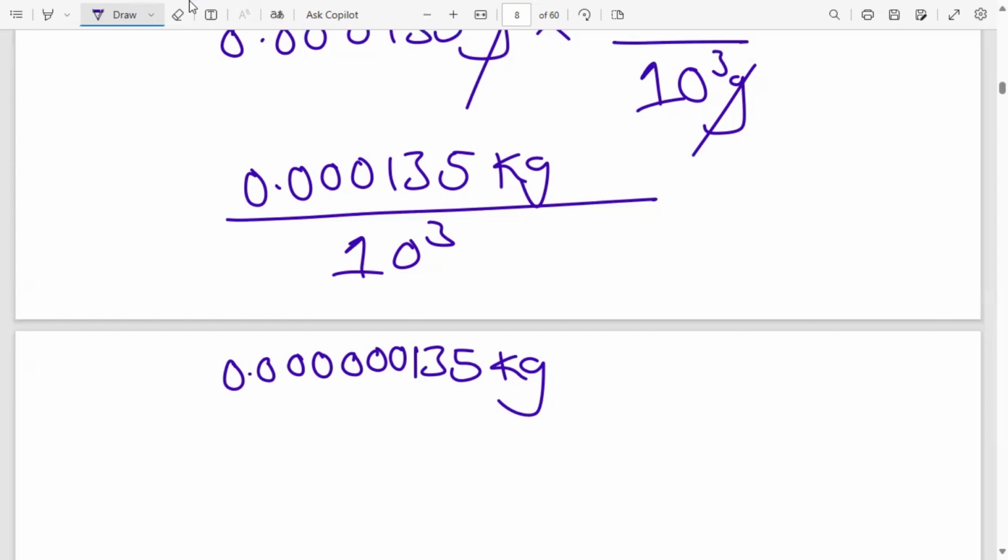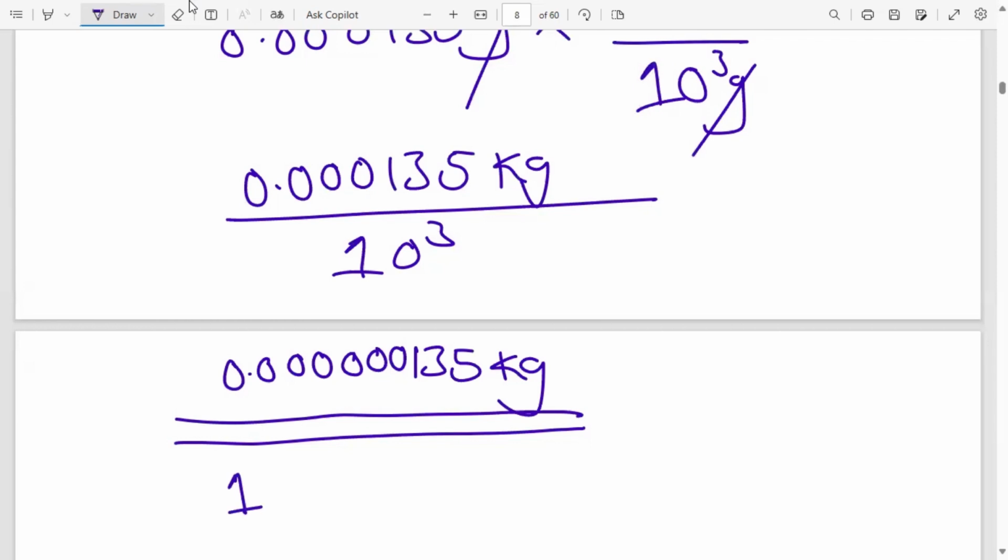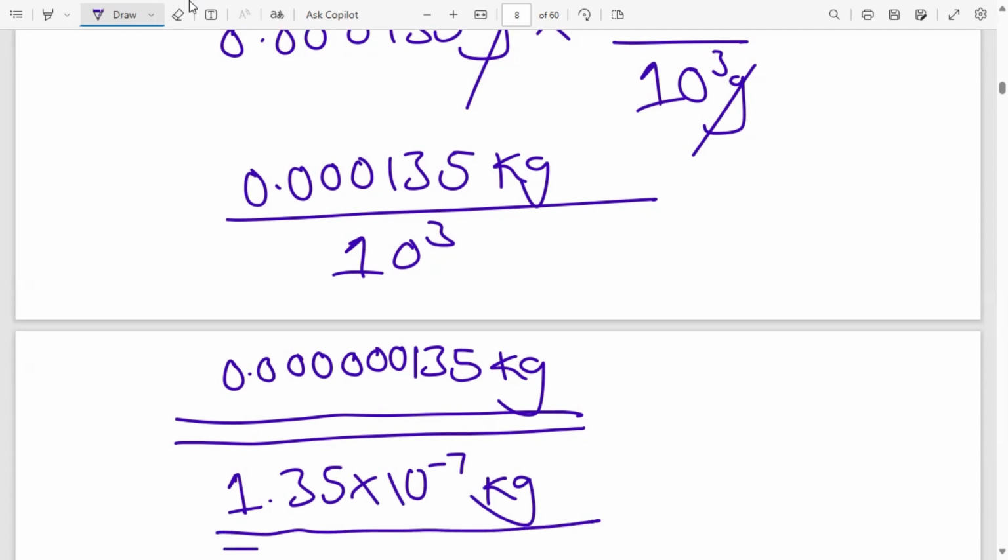Okay, so this is it, in kilograms. And that is the final answer, or if not that, you can say 1.35 times 10 to the power minus 7 kgs, like that. As simple as that. So that marks the end of the tutorial sheet.